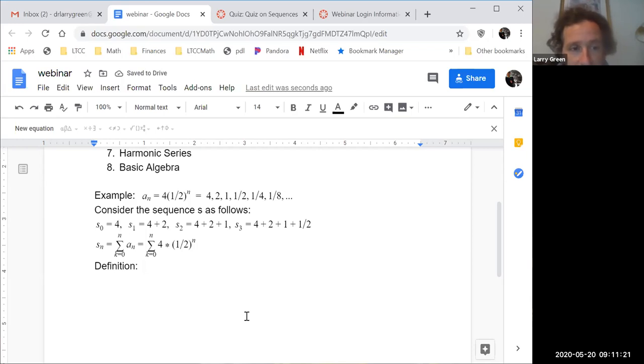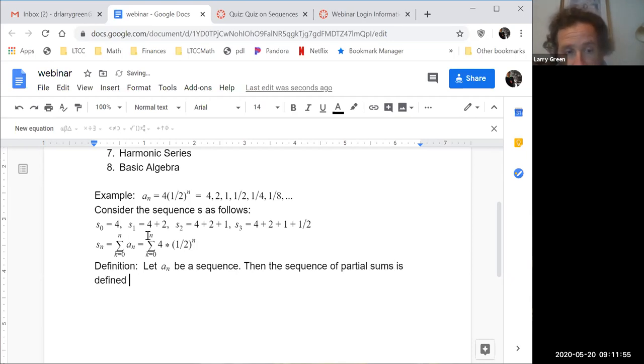Let a sub n be a sequence, then the sequence of partial sums is defined by what we just wrote.